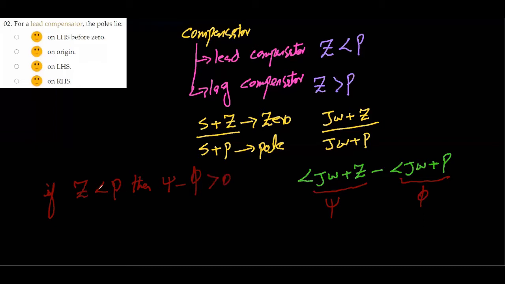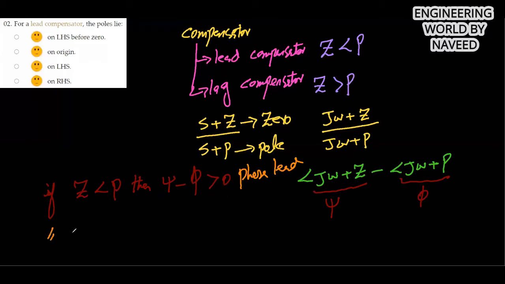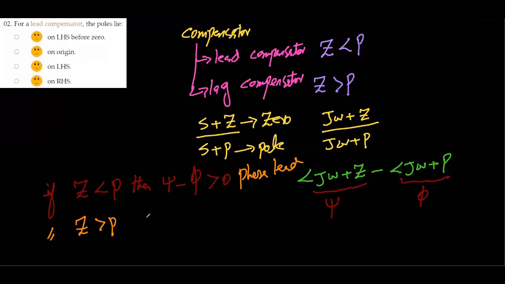Okay, if zero is less than P, then this will be greater than 0, and you can call it phase lead. Or if your Z is greater than P, then psi minus phi will be less than 0, and you can call it phase lag.